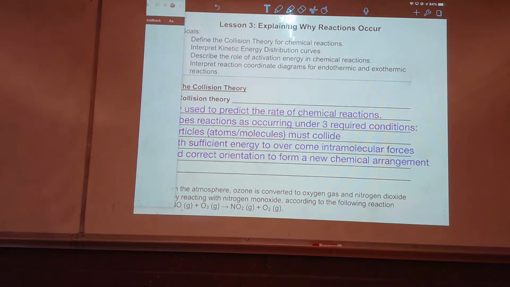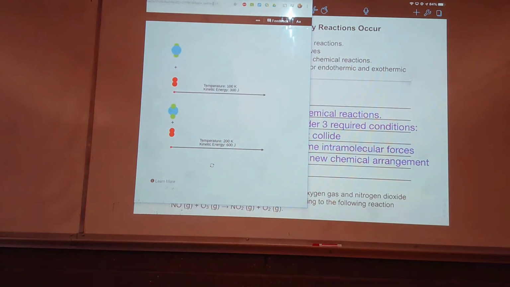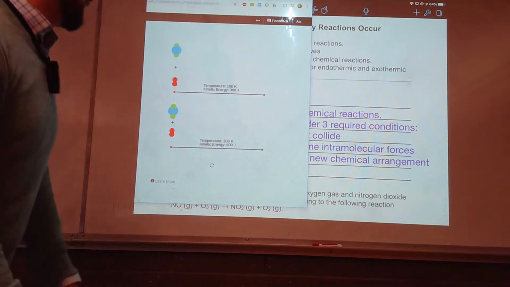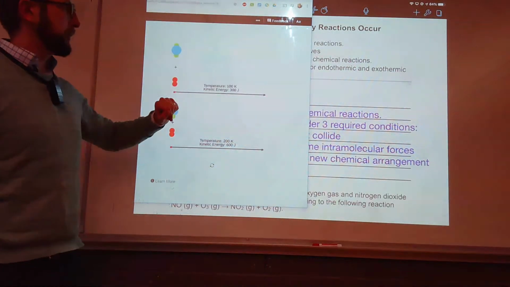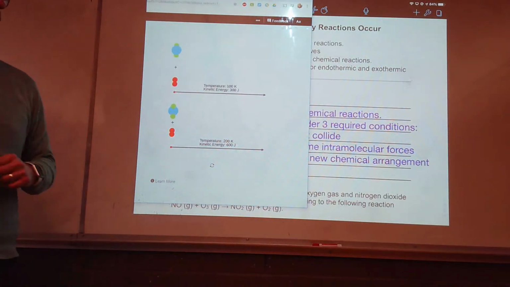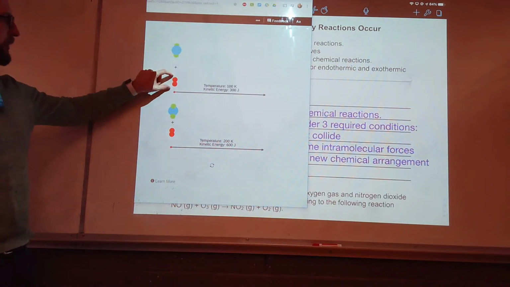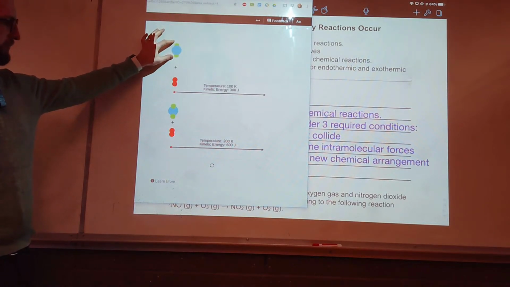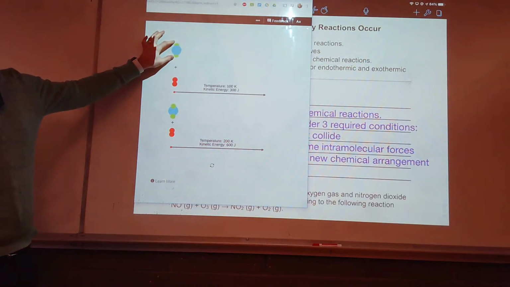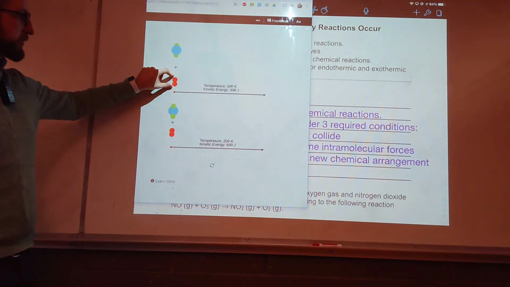So here's an example that we can look at for how this might look for 2 different energies. It says it requires a certain amount of energy to overcome the intramolecular forces. In this case, we have a water molecule, or probably NH2, I guess, and an oxygen.